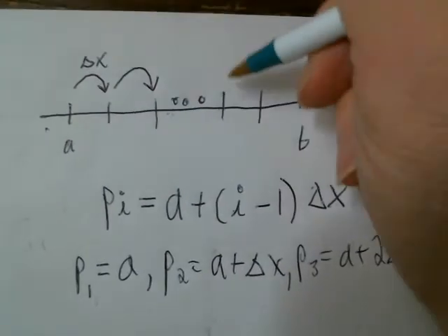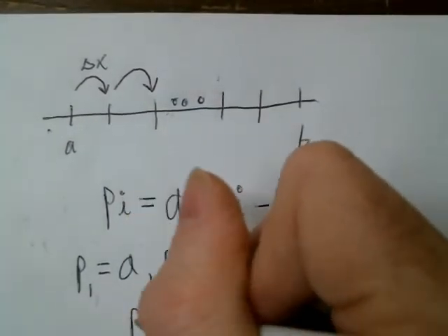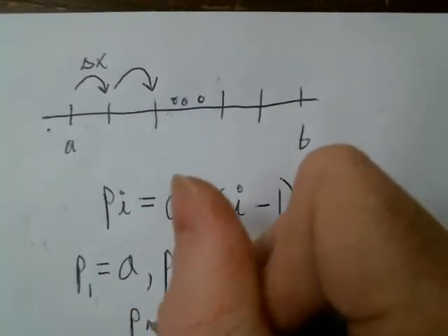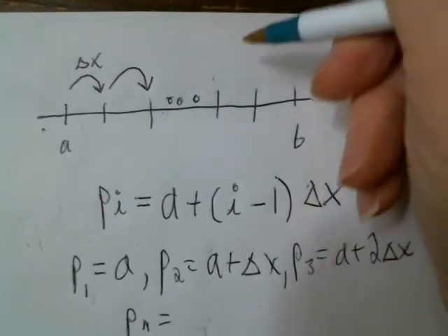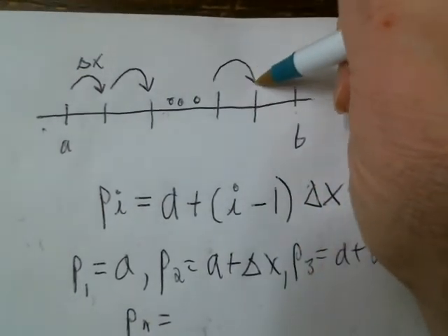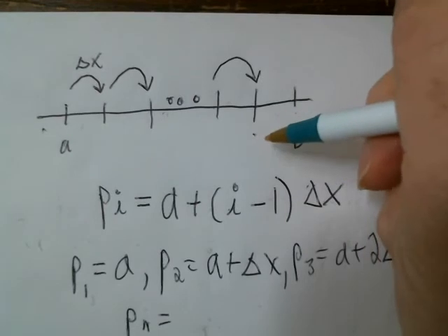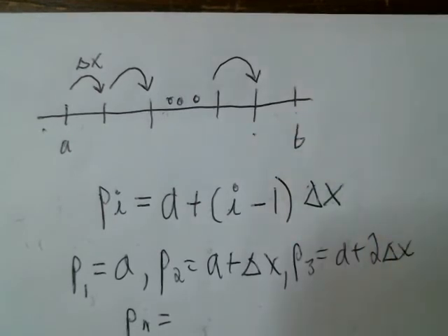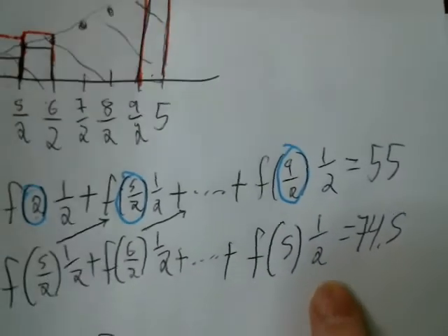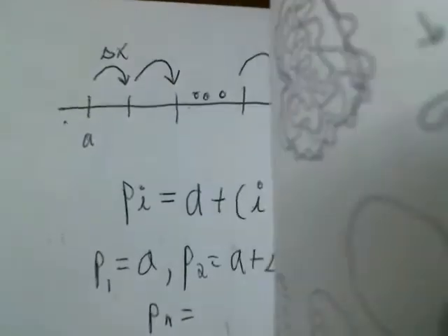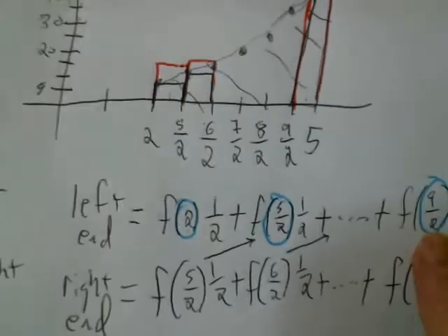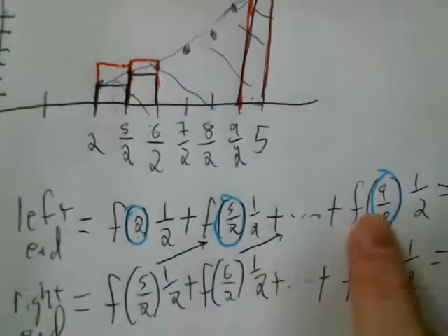And then you keep on doing that until p sub n, which is the last one we want, and we don't want b, right? We want the one directly before b. We want this guy to be the last point we put into our function, right? Because if you look back at our example, if you're doing left endpoints, which is what we're doing right now, you don't end at the last number.